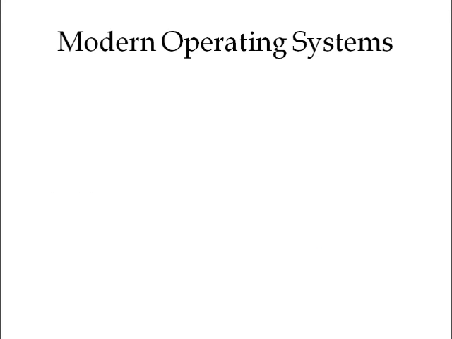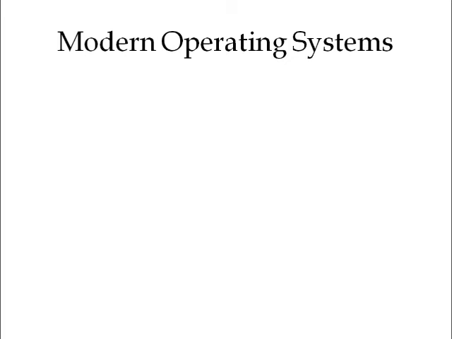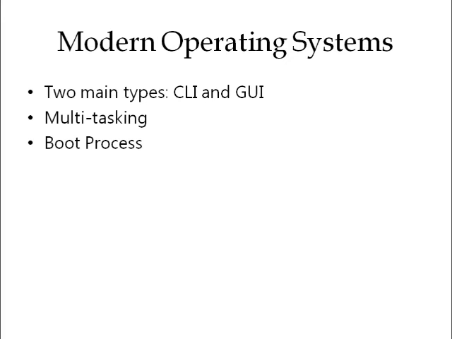Modern operating systems. You are probably viewing this video on a modern operating system. Modern operating systems have many similarities. Let's explore them. Command line interface and graphical user interface are the main two types of operating system. They are covered in F451.